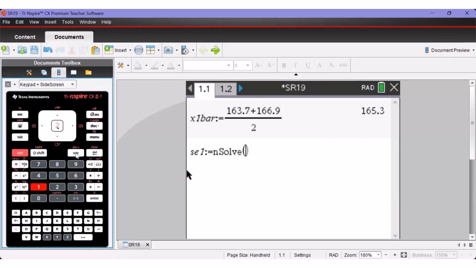If I press var, which is short for variable, I can call up x1 bar rather than typing it out again, plus 1.96 multiplied by, as I've said, SE1 to be S1 on root n. So we're going to multiply it by SE1, set that equal to 166.9.